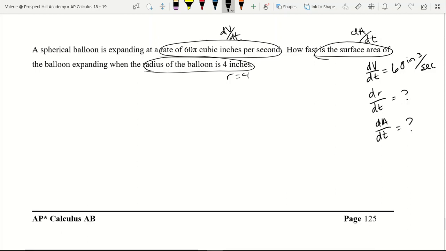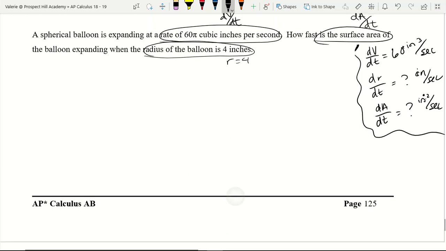So we want dA dt, which is some number inches squared per second. But in order to do that, we also need dr dt, which will be some number inches per second. So we are going to need to rewrite a variable in terms of another variable, or identify what one of those rates will be.